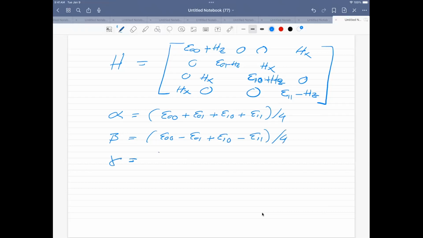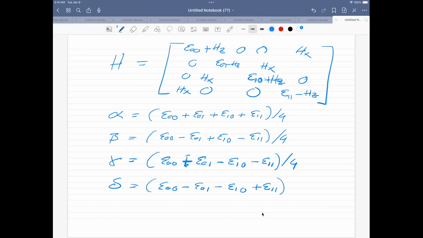And delta is epsilon 0,0 minus epsilon 0,1 minus epsilon 1,0 plus epsilon 1,1, divided by 4.